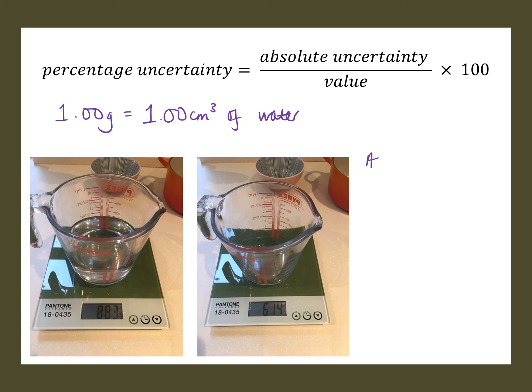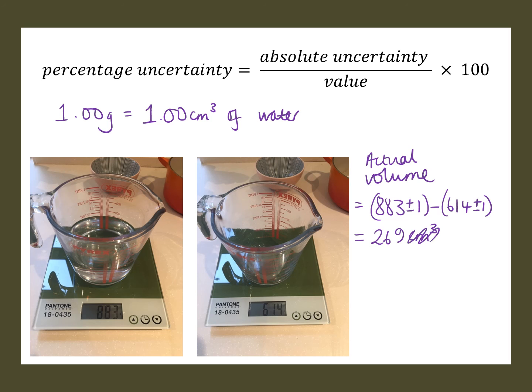So our actual volume that I have measured using that measuring jug was, if you look at this, 883 plus and minus 1 minus 614 plus and minus 1, which is actually 269 centimetres cubed. 269 plus and minus 2 centimetres cubed transferred, which is quite a bit different from the 250 that I thought I'd measured, but is still within the range of the uncertainty of that apparatus, so that's quite interesting.